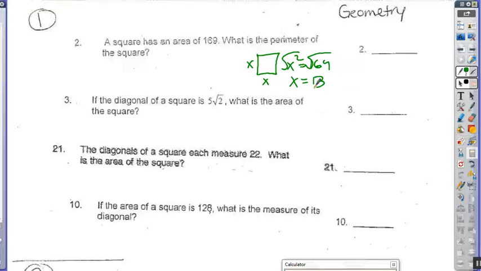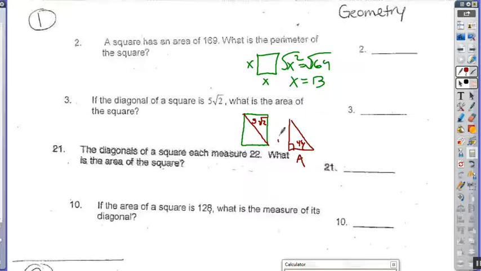If the diagonal of a square is 5 root 2, what is the area of the square? Well, it's going to be 25. But the reason why I can do that so quickly is because if I were to draw a square, draw the diagonal, and I know that's 5 root 2, I realize that I'm creating a 45 right triangle, or an isosceles right triangle.